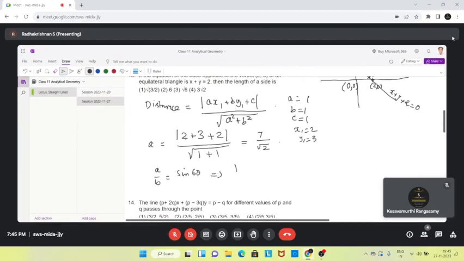Therefore, B equal to A divided by sine 60. What is sine 60? 7 by root 2 divided by root 3 by 2. Sine 60 is root 3 by 2.